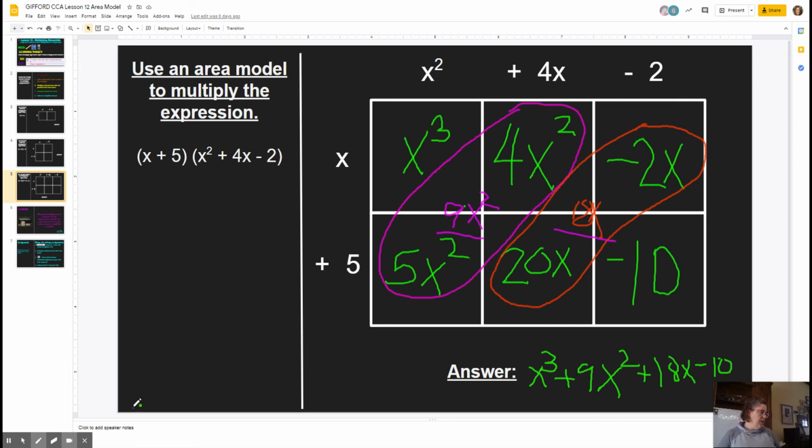And then it's always a good idea to come back down here and just check this line to make sure there isn't anything else that you can combine. But even though those first 3 terms all have an x, they're not like terms because the exponents are different. Okay? Everybody got what you need from the first example?